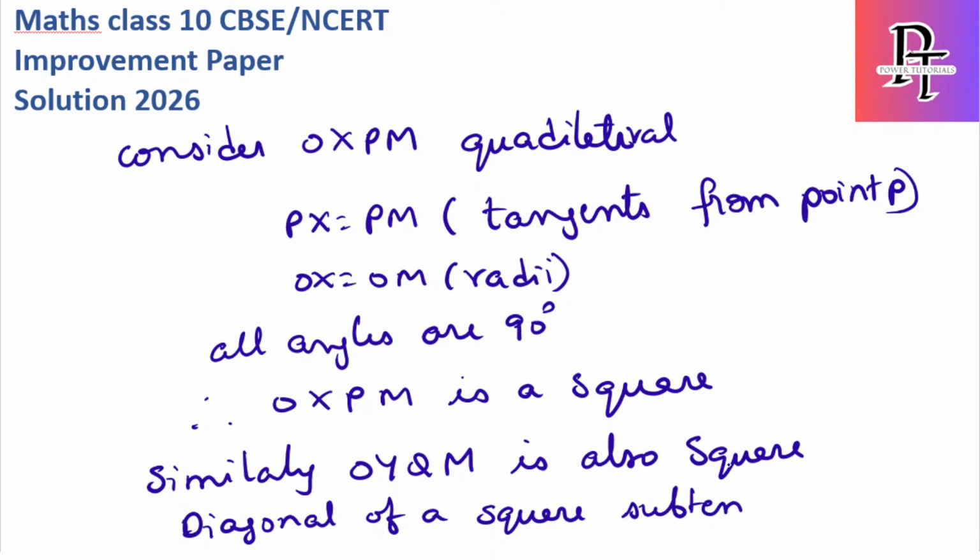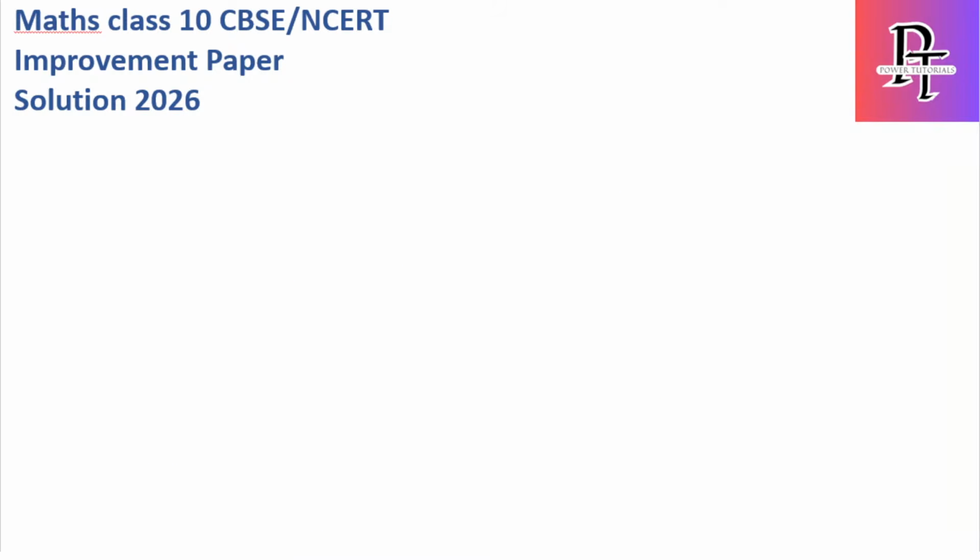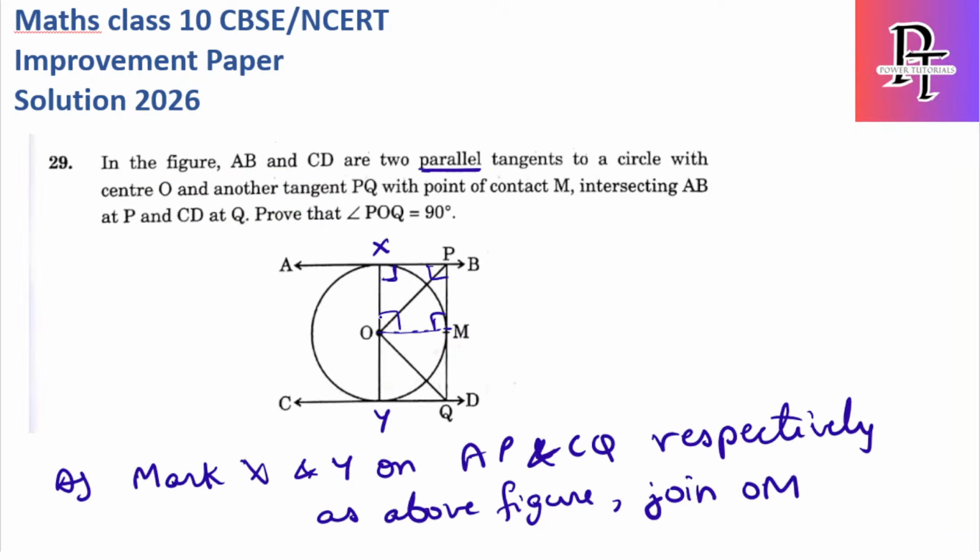Let's continue our question. The diagonal of a square subtends 45 degrees with the center. Therefore, the actual angle they are asking is angle PAQ.